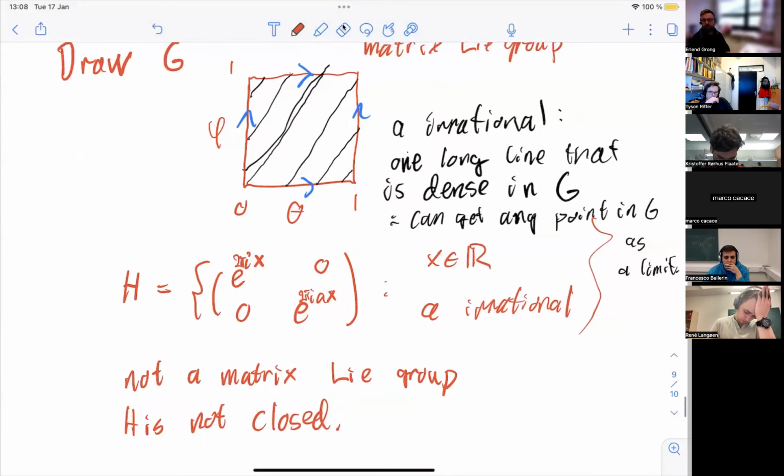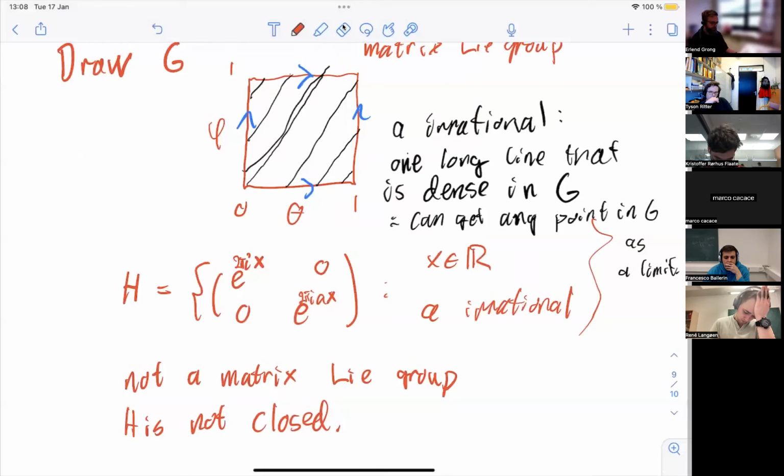So why is it a problem? Well, if I'm looking at this picture here, and I need to go to this point here, then in the big group that looks rather close.